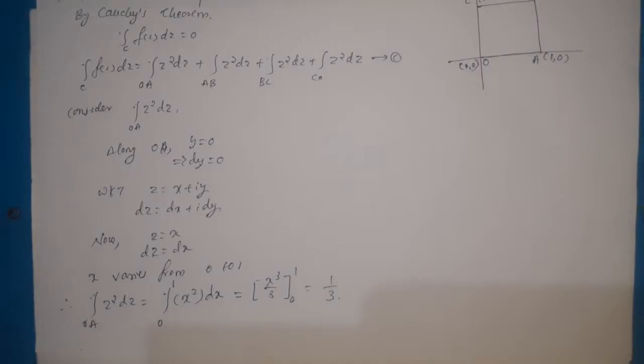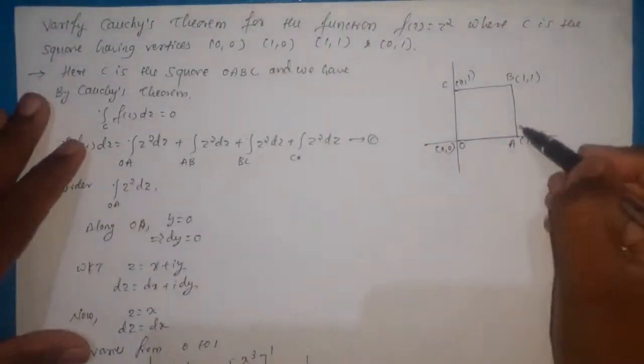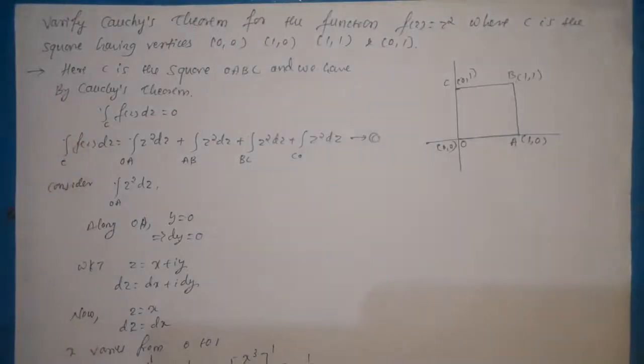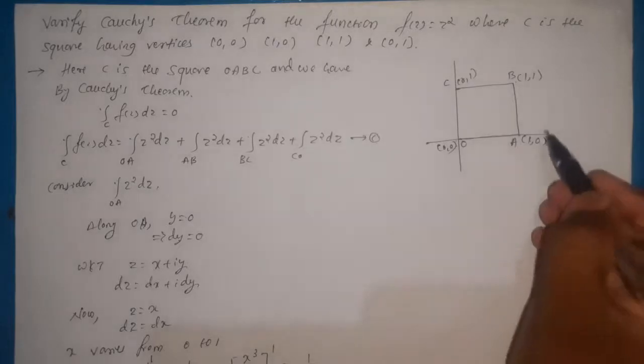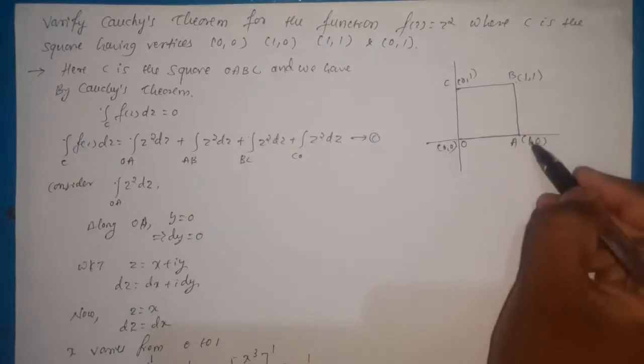Now the next line is AB, right? So this is the line AB. So here AB is parallel to the y axis, and here x is a constant function because (1,0) and (1,1), x is not changing, right?